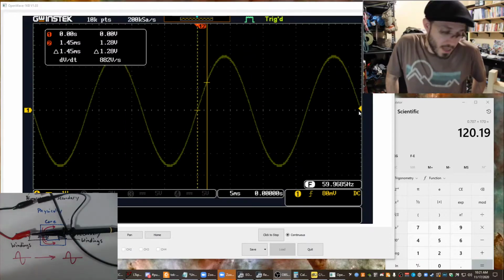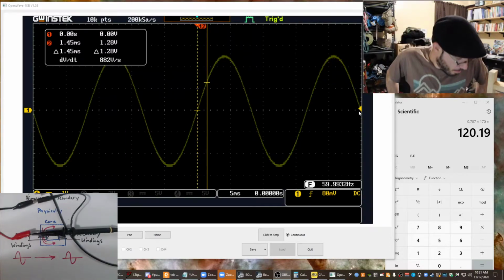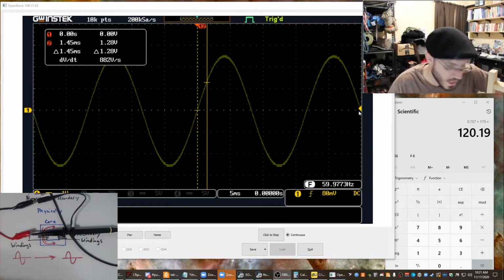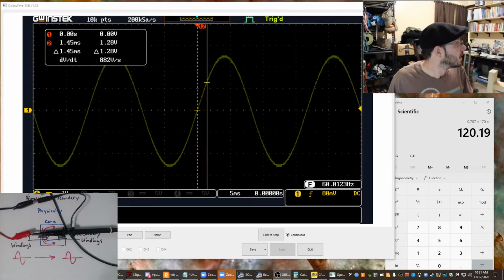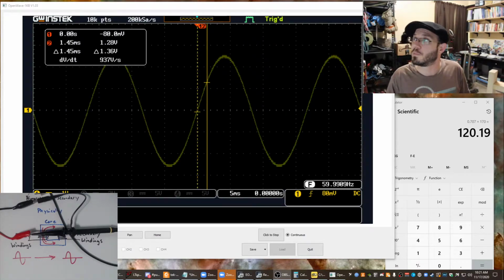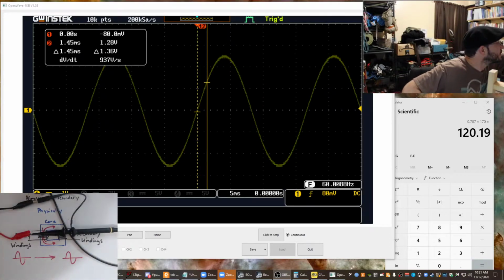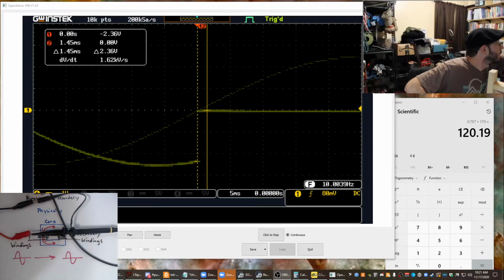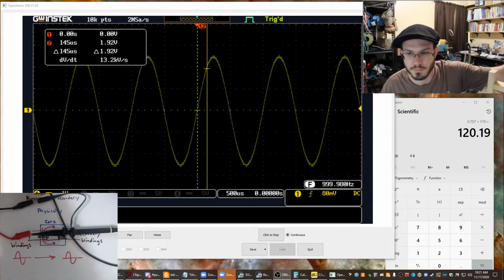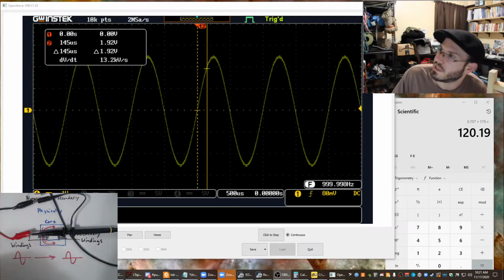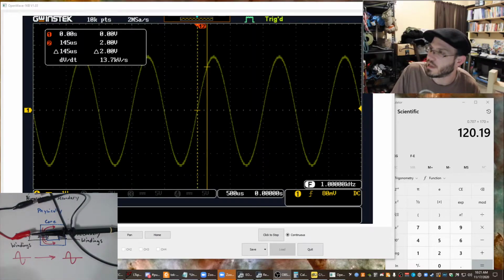Okay, now I'm actually going to go back up to 1 kilohertz for the sake of this example. Okay, and you can see my frequency measurement from the oscilloscope is down here and to the right.